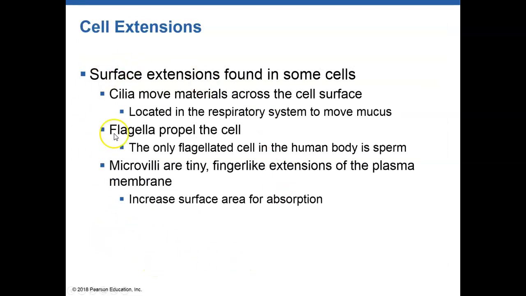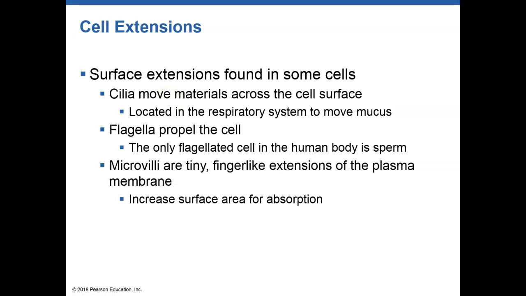Last thing in this lecture that I'm going to talk about are the cell extensions. So cell extensions are materials that are found in some cells, not all cells. And these are seen outside of and attached to the plasma membrane. So one type of cell extension is called cilia.